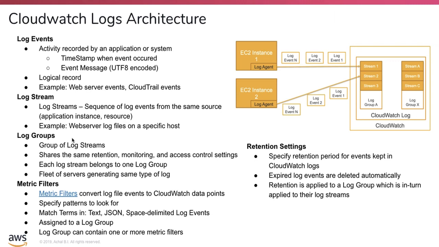Log groups are created to group all the 10 different log streams that we spoke about earlier. They share the same retention period, and it is used to access the streams and logs at one particular place. A fleet of servers generating the same type of logs are part of this log group.